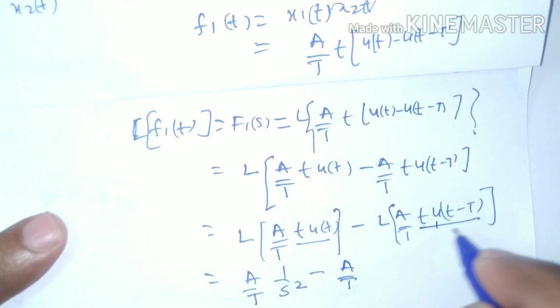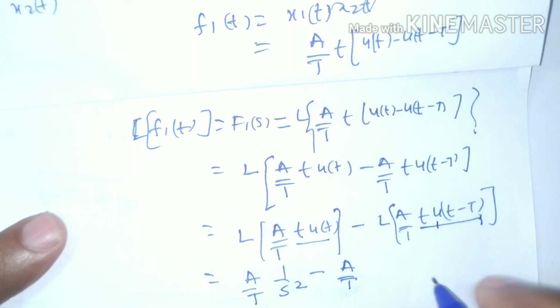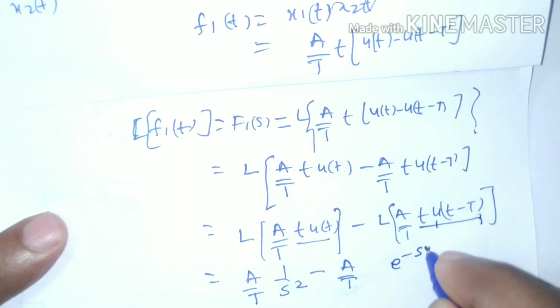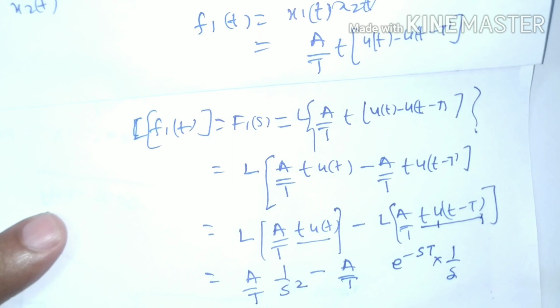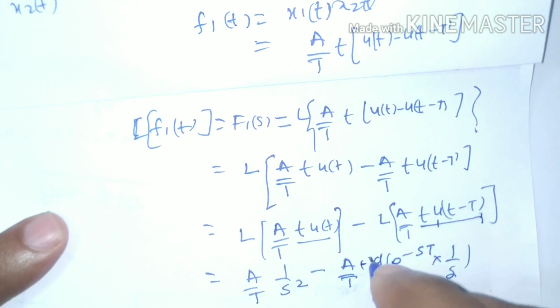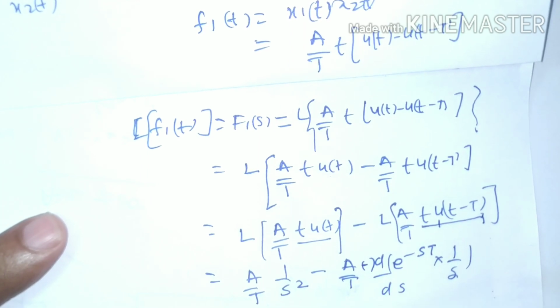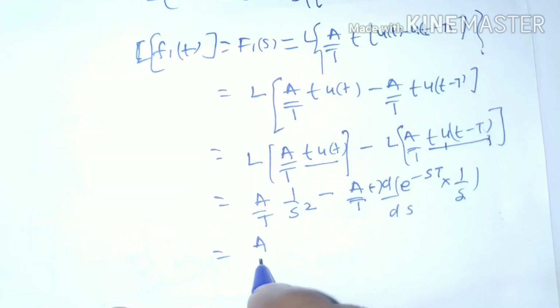We know that the Laplace transform of u(t minus T) is e to the power minus sT multiplied by 1 by s. So at first we have to differentiate this signal with respect to s, taking the minus sign outside. It is the property of differentiation in the s domain.